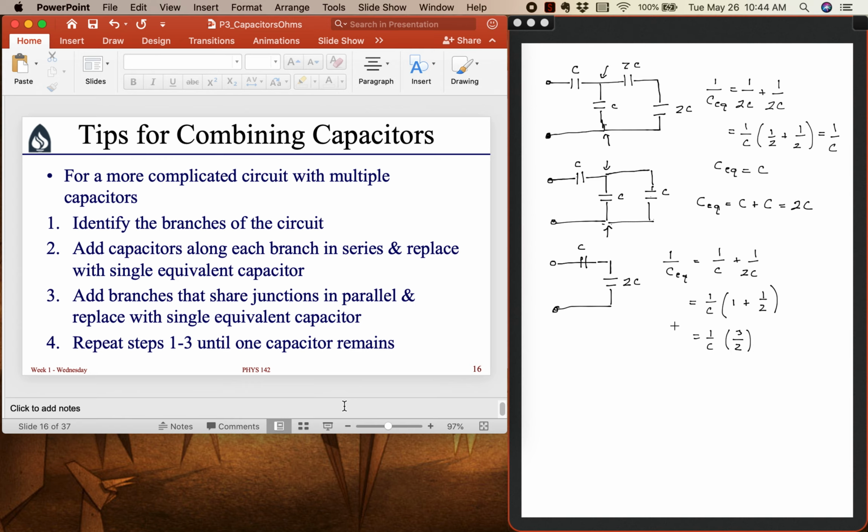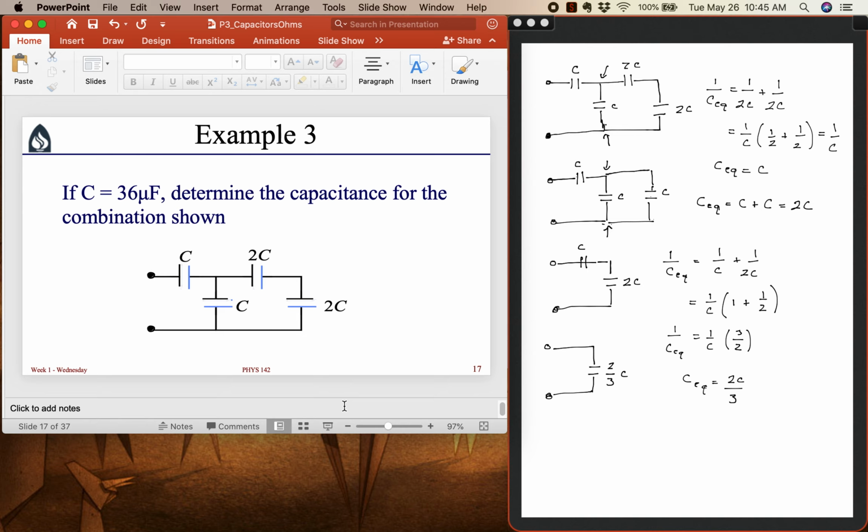And then this is 1 over C equivalent. So my C equivalent would be the inverse of this, which is 2C over 3. So 2/3 C. So I can replace both of these with a single equivalent capacitor that has a capacitance of 2/3 C. And so that is the one capacitor that remains in my circuit.